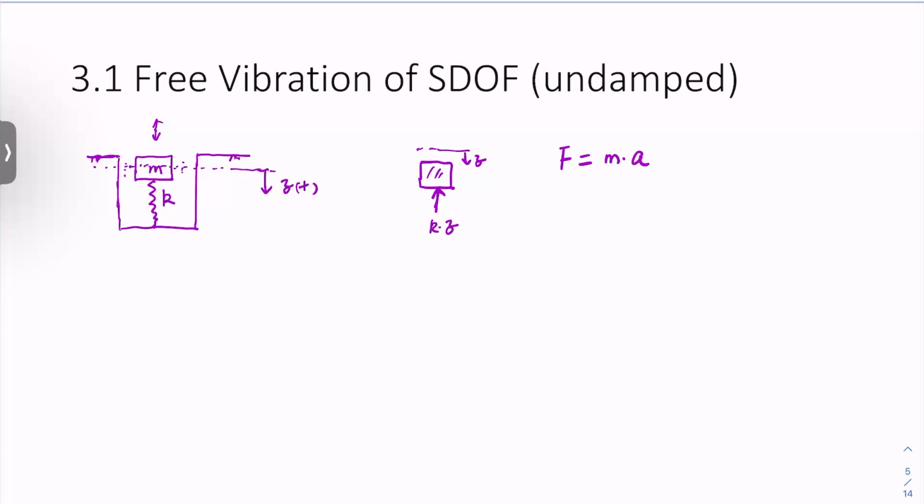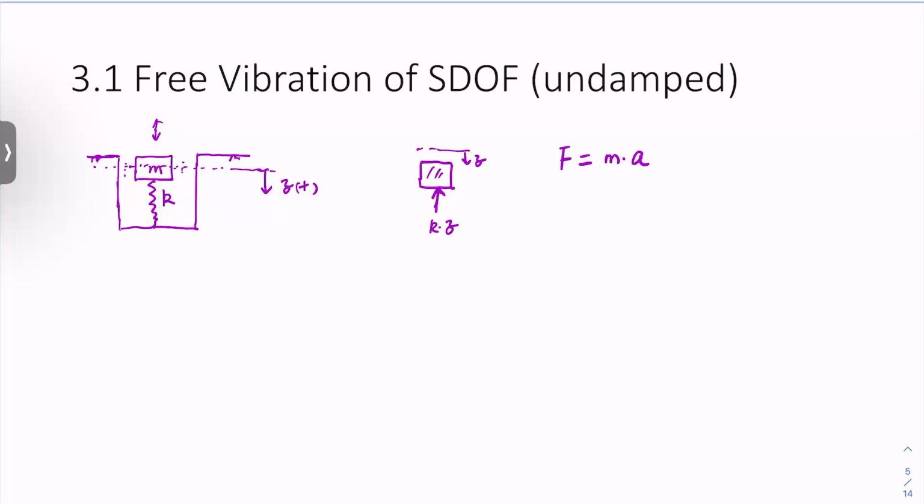So the acceleration will try to go up. Is that right? So it's not an impact load. It's just slowly. Forget about any force you apply. You're applying some force, yes, but when you get that spring to deform by z, you let the force go. Let this thing do free vibration. We're talking about at any moment during the free vibration, what the force is going to look like.